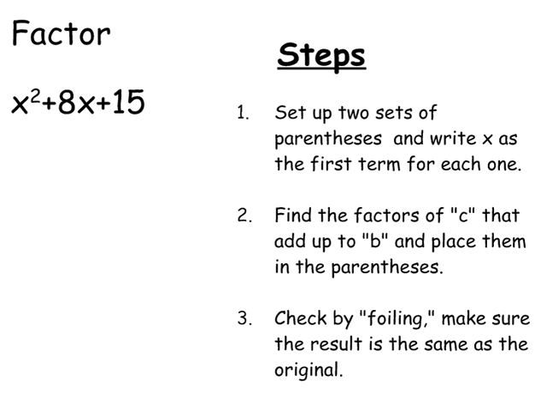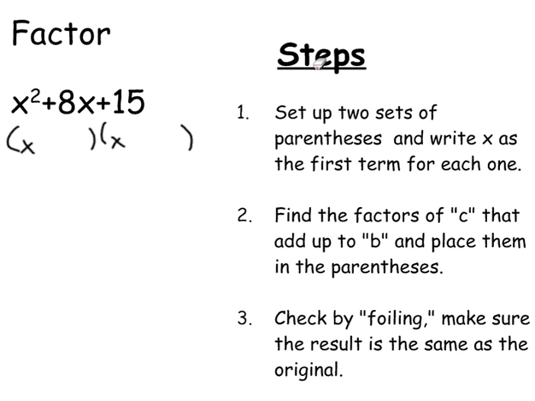They're right here. And the first step says to set up 2 sets of parentheses. Let's go ahead and do that. So there's my 2 sets of parentheses, and write x as the first term for each one. So this only applies when A equals 1, all right?